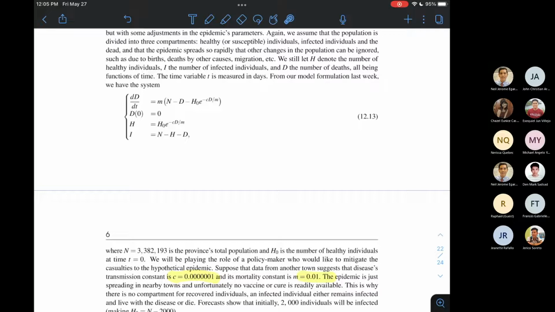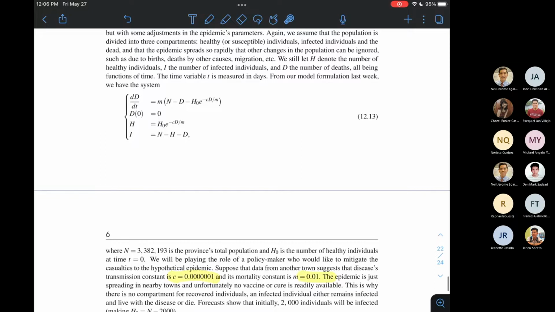Kung gusto mo ng mas realistic na model, then i-assume mo na makakalis ka dun sa infected class in 3 possible scenarios. Number 1, you die. Number 2, you recover, but you go back to the healthy individuals na susceptible to the disease, or you become immune to this disease. So pwede kang magdagdag pa ng mas maraming compartment, but that will require us to have a more complicated model. So ito, simple lang.